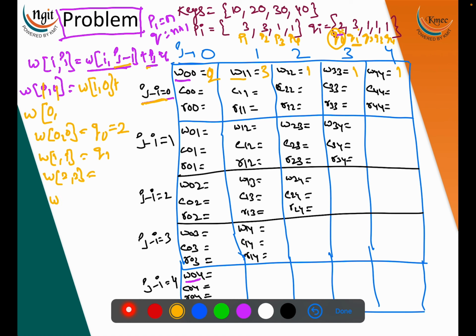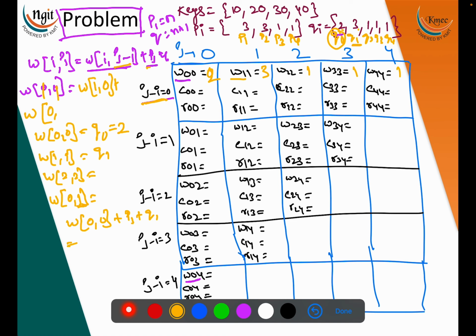Now calculate W0,1, the weight of 0,1. W0,1 is W0,0 plus p1 plus q1, since the j value is 1.